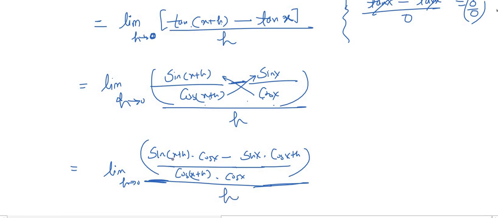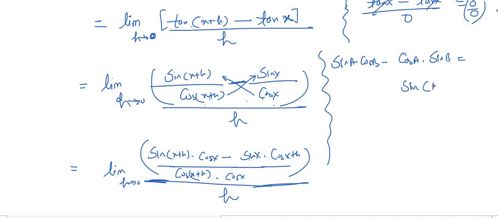Now we know sin a cos b minus cos a sin b. It looks like this formula: sin a cos b minus cos a sin b is nothing but sin of a minus b, correct?